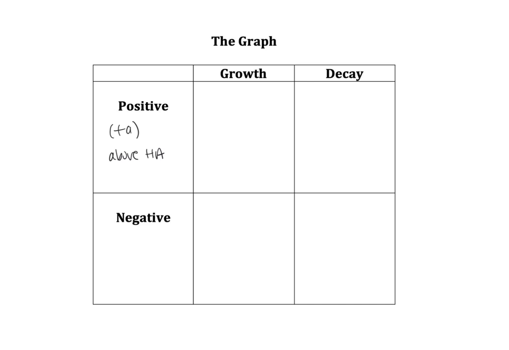So we could see it looking like growth, increasing left to right. What about a positive A value, but it's decaying? That function's still going to be above the horizontal asymptote, but just decreasing left to right. Remember, growth is when the base is greater than 1. Decay is when the base is between 0 and 1.